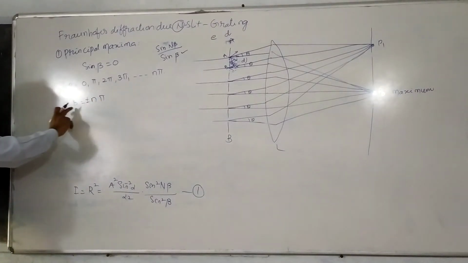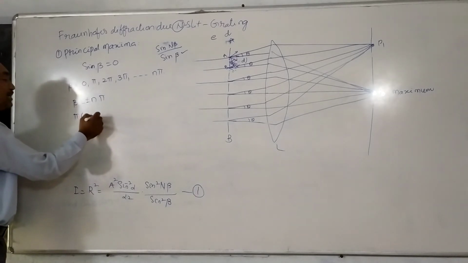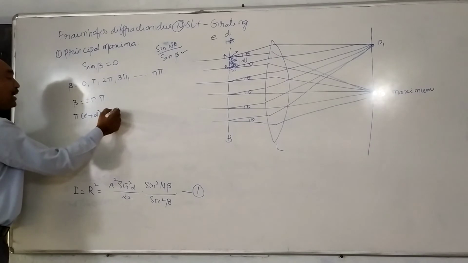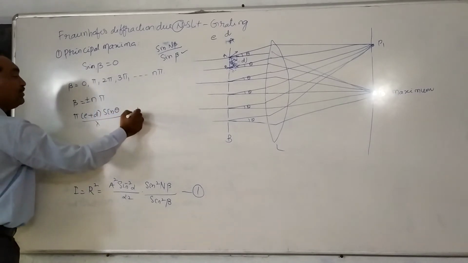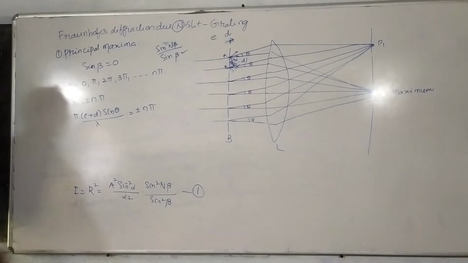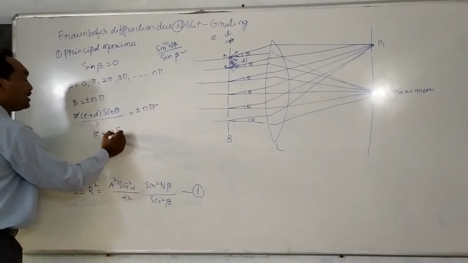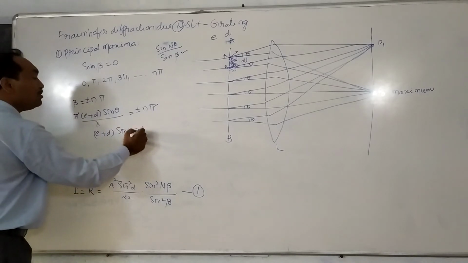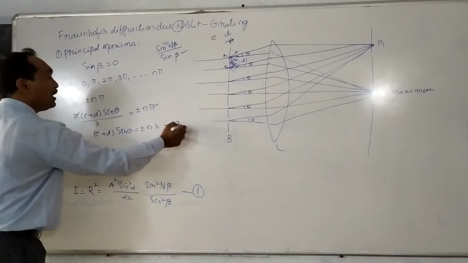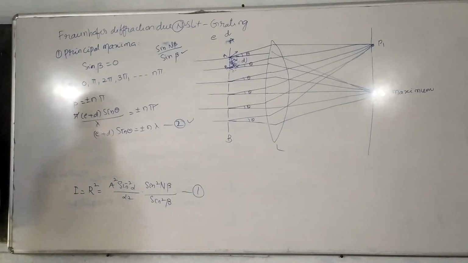But what is the value of beta? That is pi into e plus d into sin theta by lambda. We already discussed this previously. So pi cancels, that is, e plus d into sin theta is equal to plus or minus n lambda. This is the condition for maximum intensities.